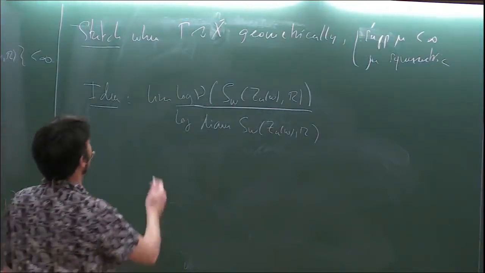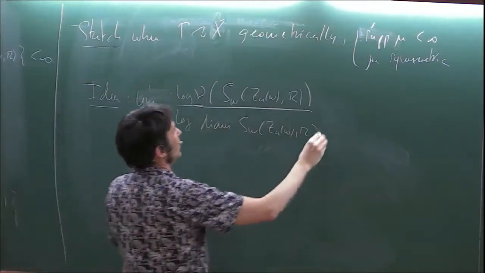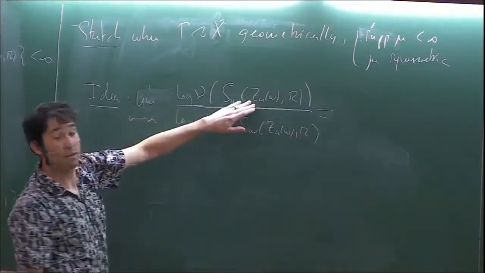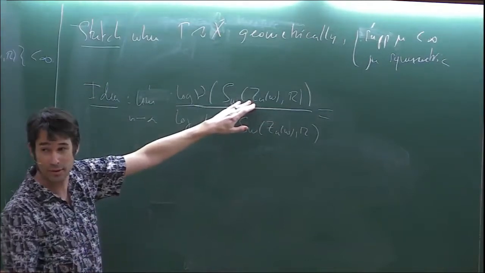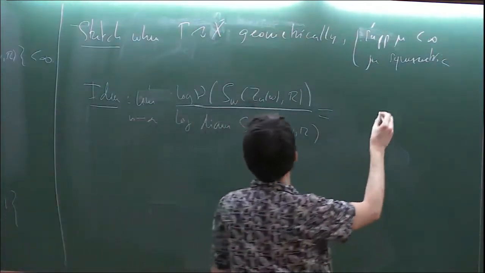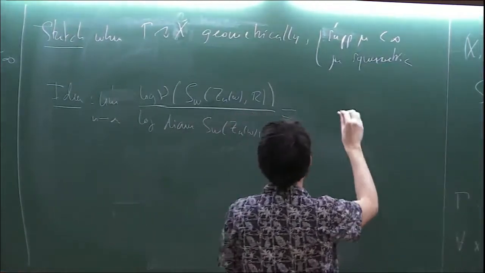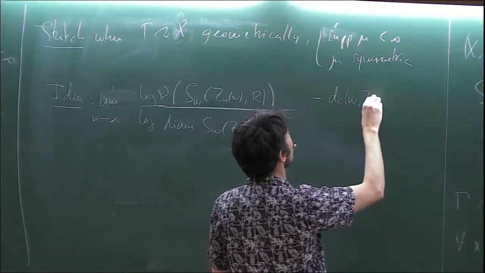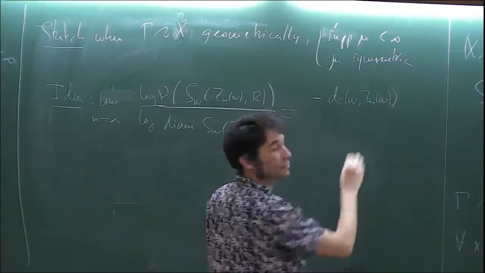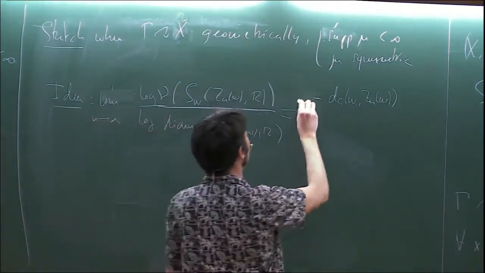So what is this limit? Well, the mass of the shadow, I know it, because it's given by the limit of the shadow, right? So this is minus the Green distance from w to z_n w, essentially. So here I need a limit.